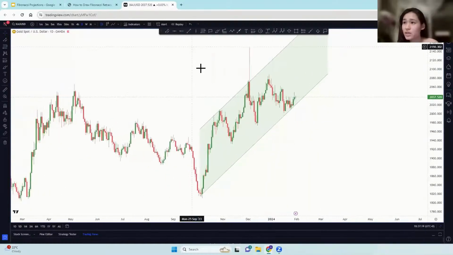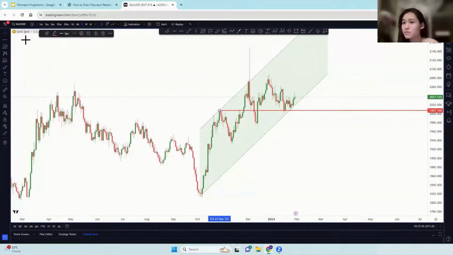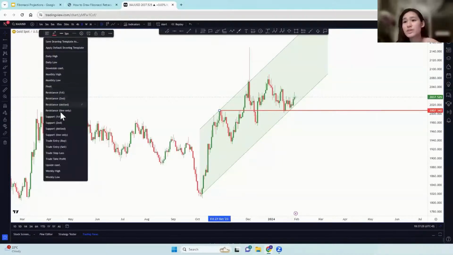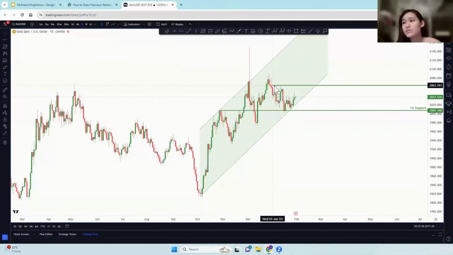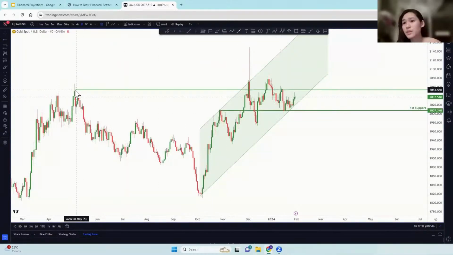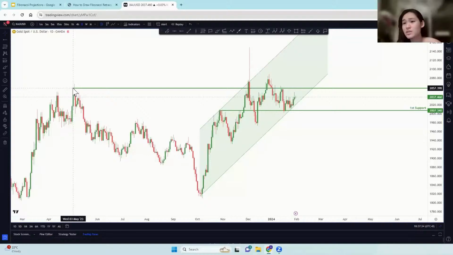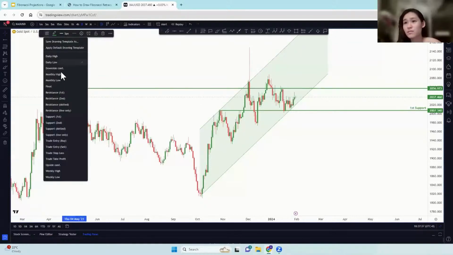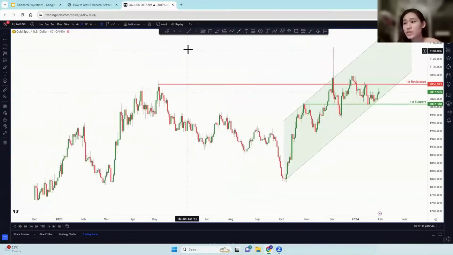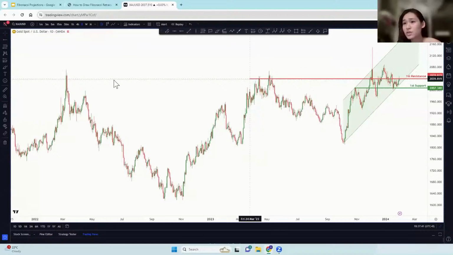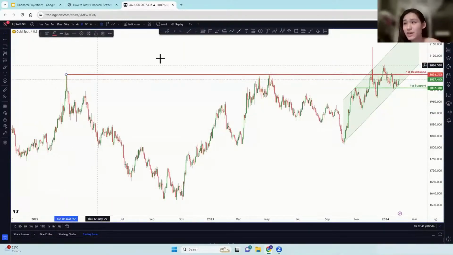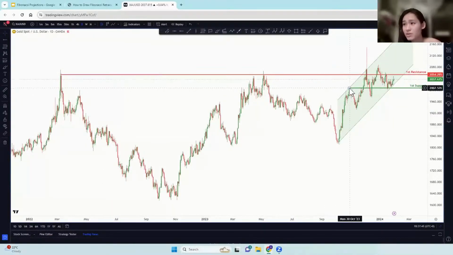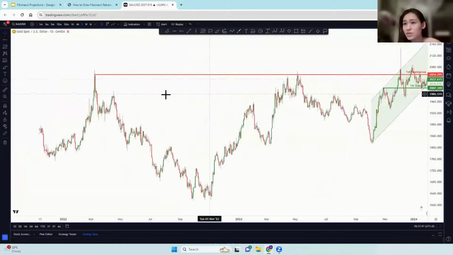Okay, so let's add some support and resistance levels here. So here would be my first support and my first resistance here. I typically will try and look to see if I can pull it back as far as possible so that we can see how significant that level is.